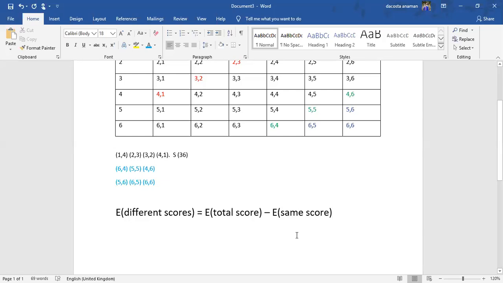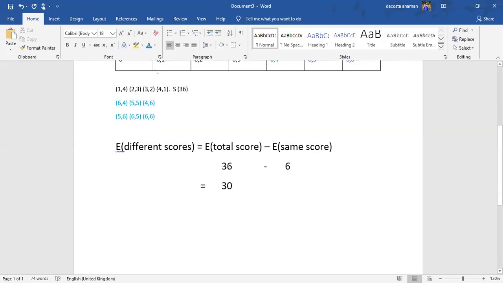The total score is 36. The same score is 6. And that will give us 30. Exactly. That will give us 30. Right. So that's the different scores. So that's the event of getting different scores.